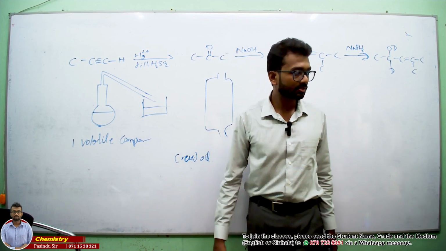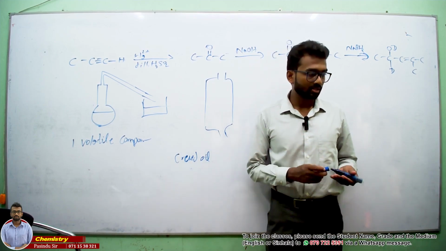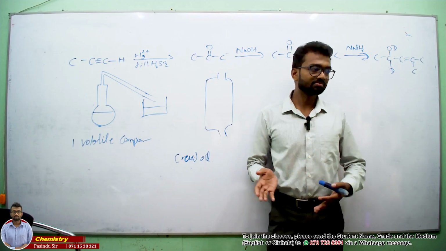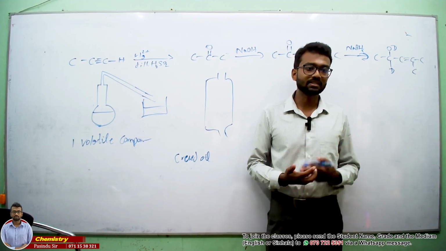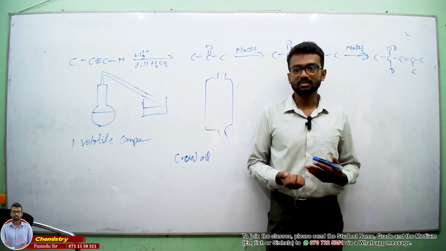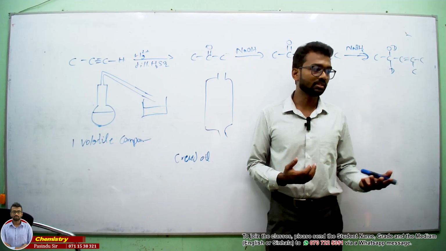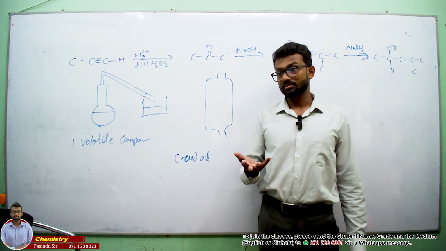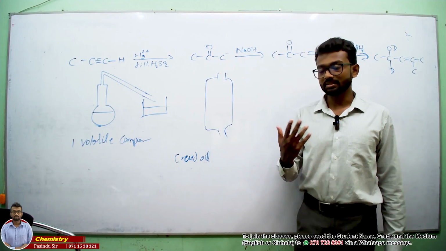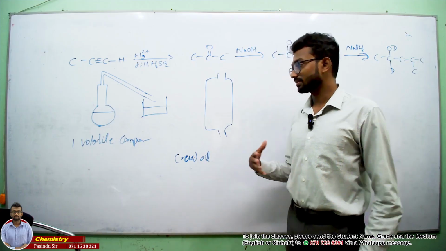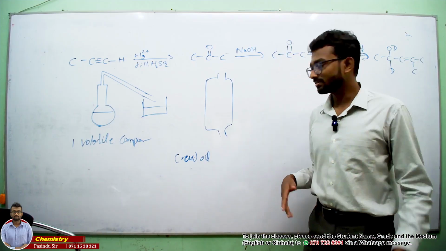You know what crude oil is, right? In crude oil there are several types of hydrocarbons: LP gas, petrol, diesel, kerosene, jet fuel, tar, bitumen. There are about ten compounds, right?